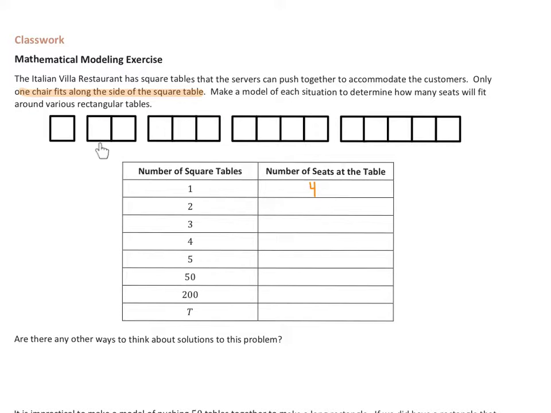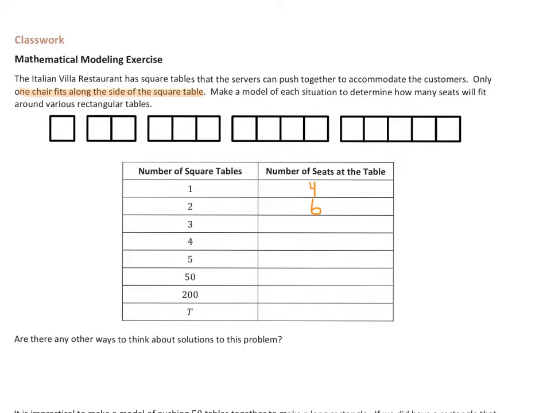So what if we had 2 tables and it looks like they are going to be pushed side by side because it does say rectangular tables. So if we have these square tables put together to make rectangular tables, we'd have 1 seat here, 1 here. There's 3, 4, 5. Looks like there's going to be 6.